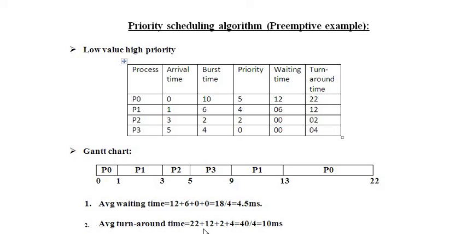So the average turnaround time is 22 plus 12 plus 2 plus 4, that is 40 divided by 4, where again 4 is the number of processes in the system. So that is 10 milliseconds. The turnaround time is nothing but the total time a process has spent since its inception in the system. I hope the concept is clear here. Thank you for watching.